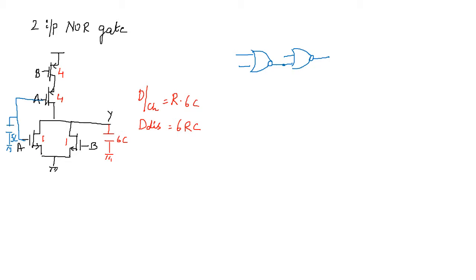As you can see, this will have a capacitance of 6C, as we see here, due to the output capacitance of the first gate, and the input capacitance of the second gate contributes a capacitance of 5C, as we see here, right? Therefore you will have another 5C here, and therefore cap effective at that point is equal to 11C.